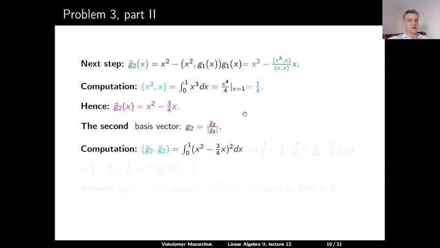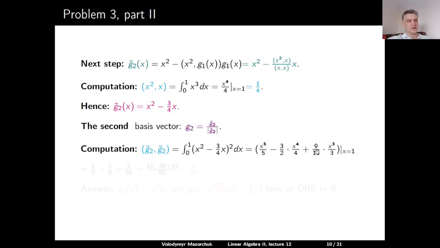So this is the integral from 0 to 1 of (x squared minus 3 divided by 4 x) squared dx. When we open this, we get x to the power 4 minus 3 divided by 2 x to the power 3 plus 9 divided by 16 x squared.